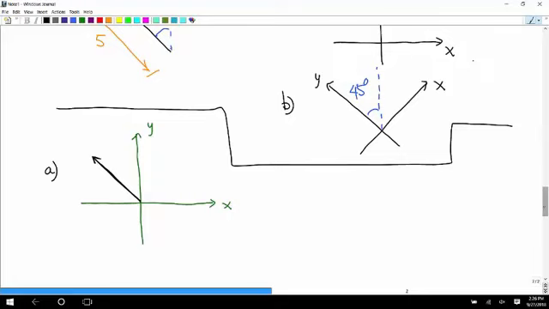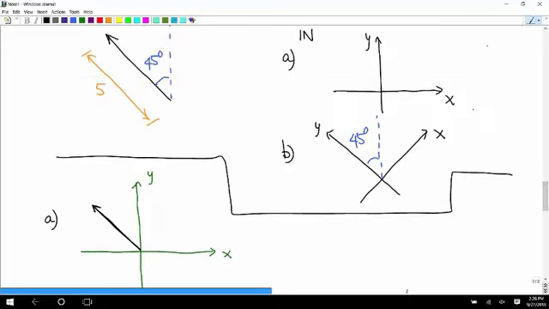And now you can tell if you look at how I define the vector, it makes an angle of 45 degrees with the vertical. And this coordinate system has the y-axis on the vertical. So we know that this angle between the y and the vector is 45 degrees. And so now what we have to do is figure out that angle theta.